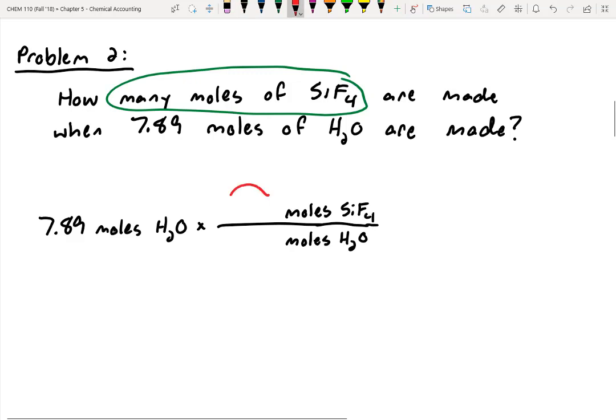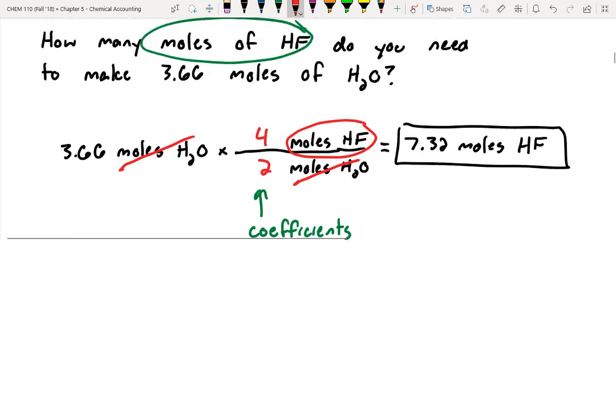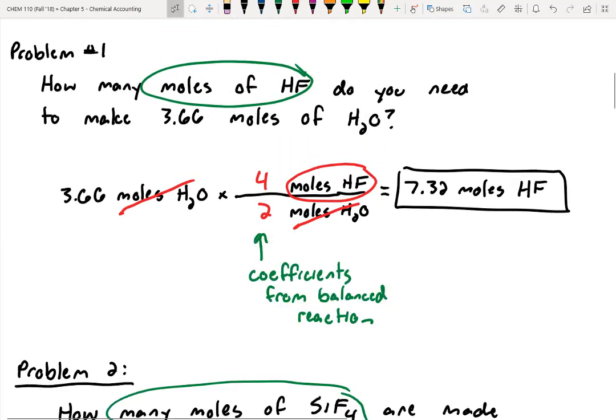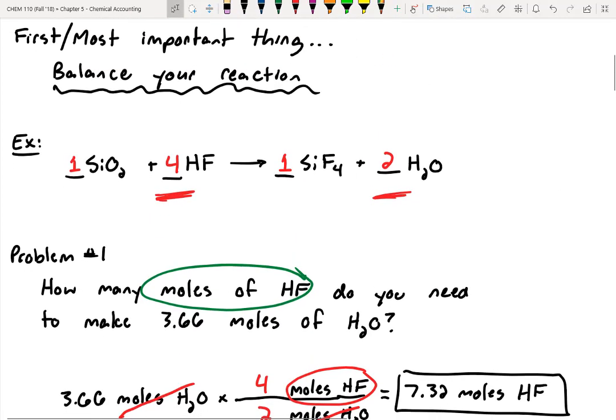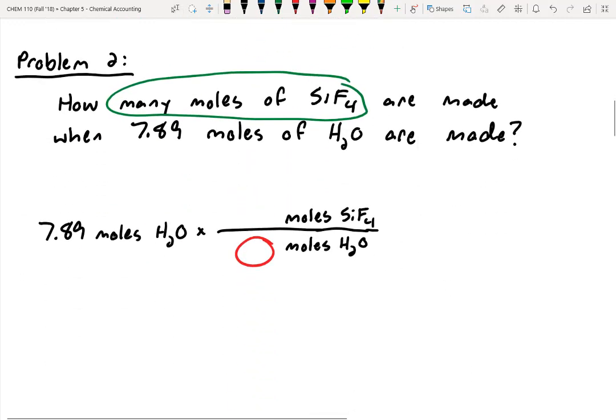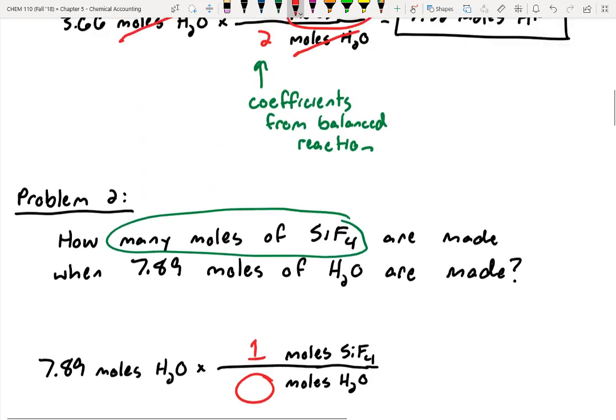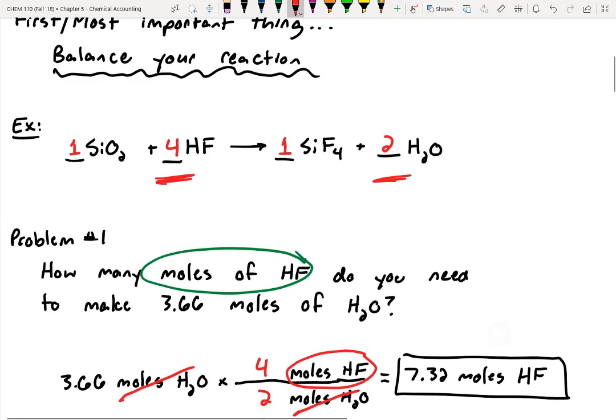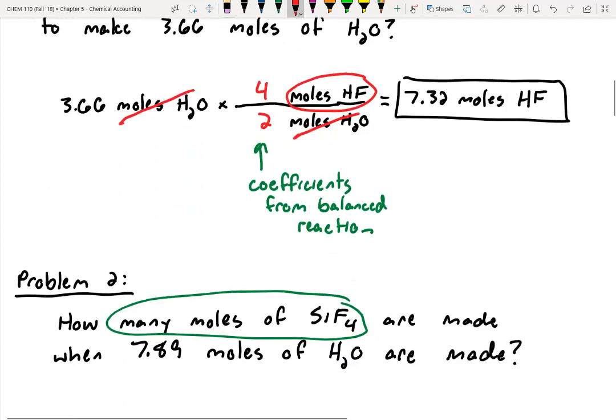All right, so now we need to figure out what number goes on top and what number goes on bottom. So I would go right back up to my balanced equation and find my coefficient for silicon tetrafluoride, which looks like it's a 1, right? So I plug in 1 with silicon tetrafluoride. Then I'd go back up and look at the coefficient for water, which looks like it's 2 in our balanced equation, right?